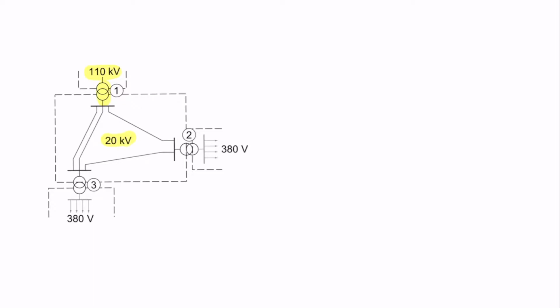Then there are lines transmitting this electricity to different nodes. Electricity then is stepped down to 380 volts. The same in this one. So there are 3 transformers in this system.